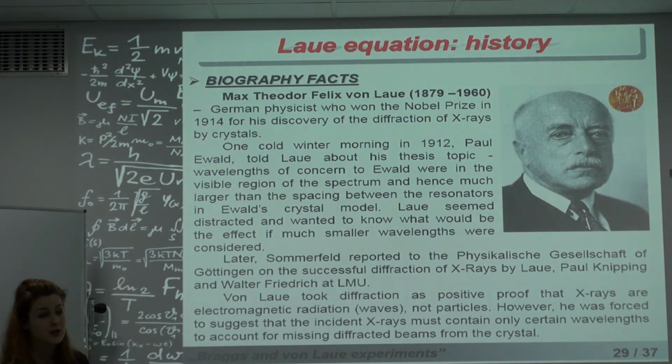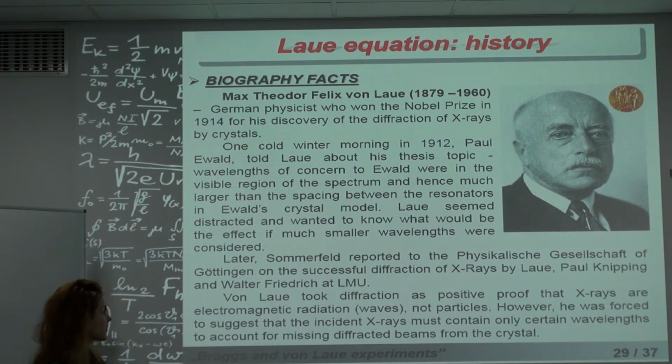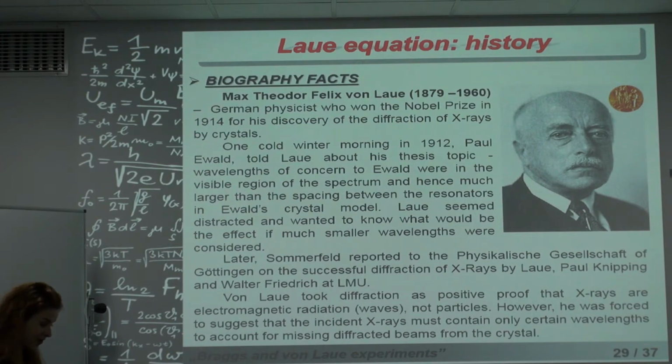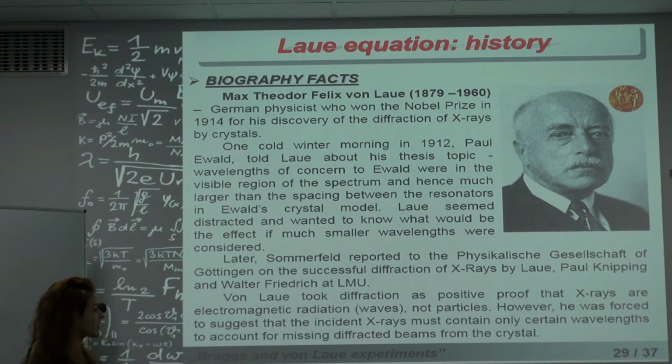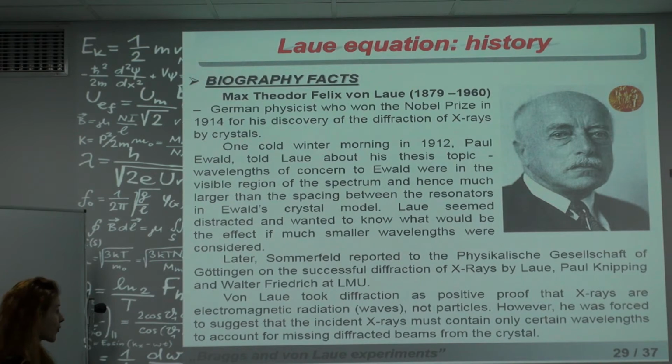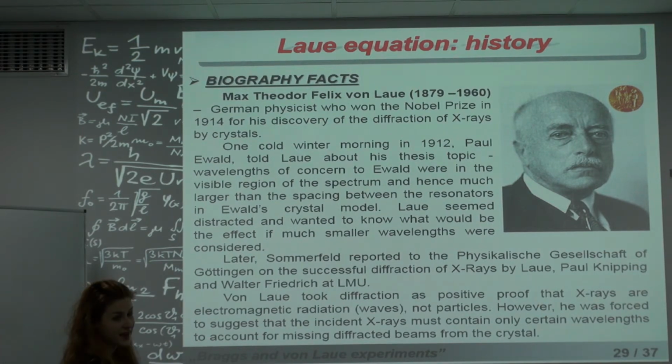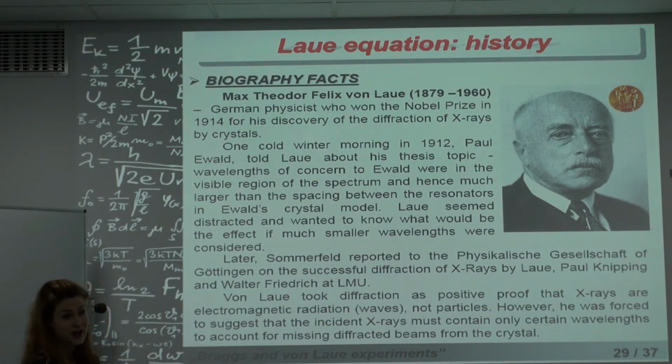He was inspired to do such investigations by his friend Paul Ewald, who used small wavelengths with crystals. As I already told, he was a proponent of the wave nature of X-rays, so he was always arguing with Bragg about the nature of X-rays. But he was forced to suggest that the incident X-rays must have only certain wavelengths to account for missing diffracted beams from the crystal.